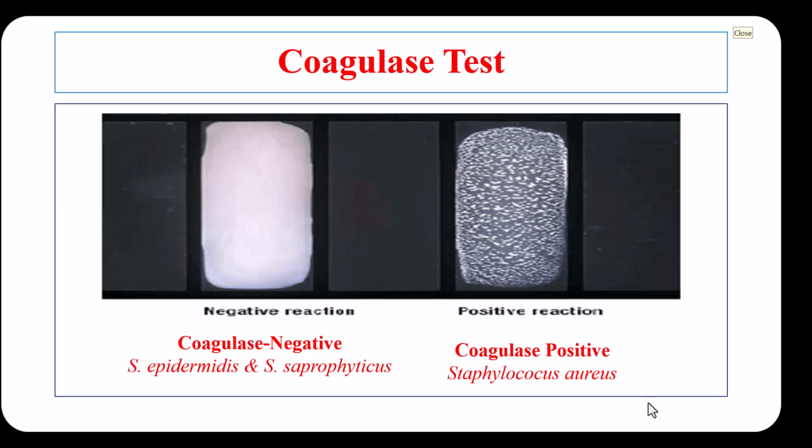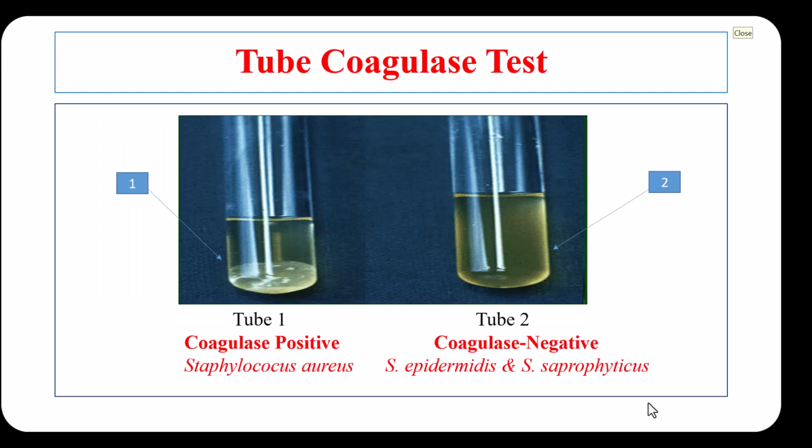It indicates the other species of the staphylococci, such as epidermidis and saprophyticus. In the tube method, clot formation indicates the positive result, which indicates Staphylococcus aureus, and non-clot formation indicates the negative result. It means Staph epidermidis or Staph saprophyticus.